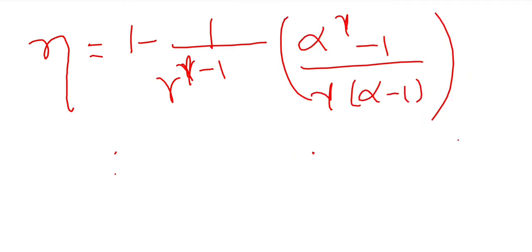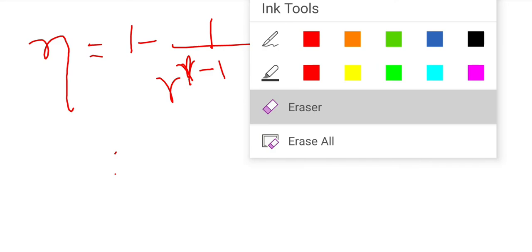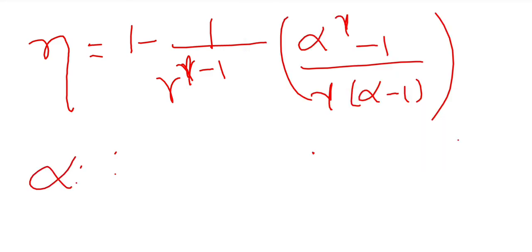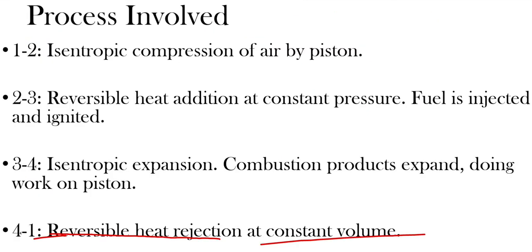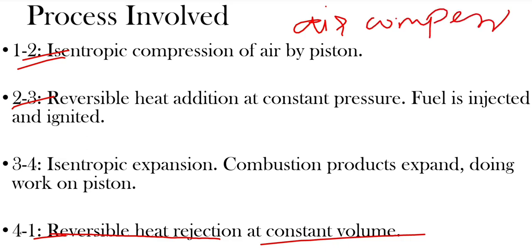Now we have the question, what is alpha? Alpha is known as the cutoff ratio. So what does this cutoff ratio mean? We know that from 1 to 2, air is compressed, and from 2 to 3, fuel is injected and also ignited.